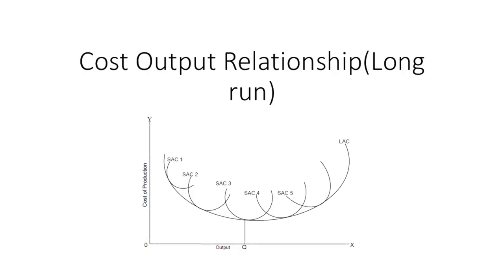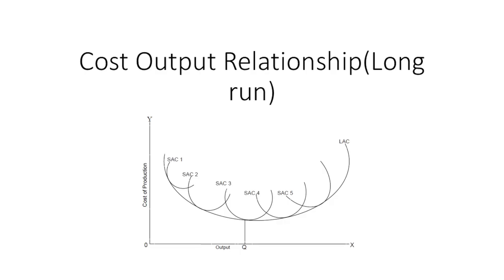In the short term, a firm operates with a fixed plant, meaning its scale of production cannot be changed. As a result, only one average cost curve represents that specific level of output for that scale of operation. In the long run, the firm can adjust its production scale, which allows multiple average cost curves, each corresponding to a different scale of production.